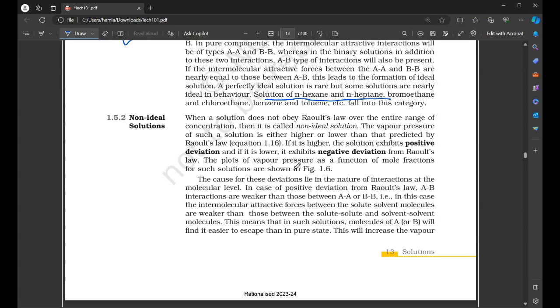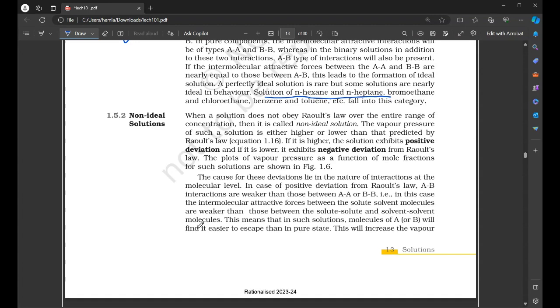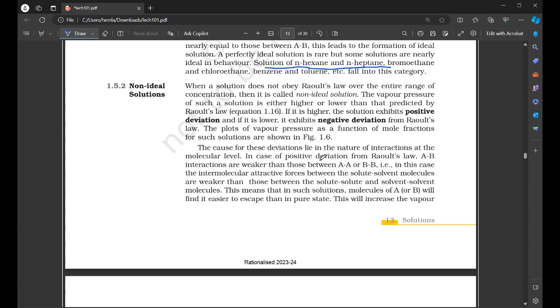The plots of vapor pressure as a function of mole fractions for such solutions are shown in figure 1.6. The cause of these deviations lies in the nature of the interactions at the molecular level. In the case of positive deviation from Raoult's law, A-B interactions are weaker than those of A-A and/or B-B.